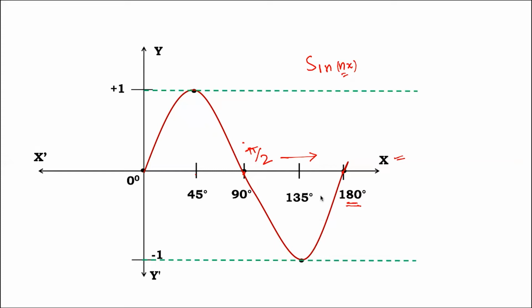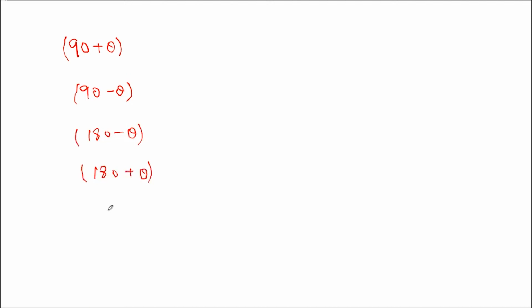Now, use of the graph, or use of the coordinates in this form. We can say, okay, like the angles are given: 90 plus theta, 90 minus theta, right? 180 minus theta, 180 plus theta, 270 minus theta, 270 plus theta.